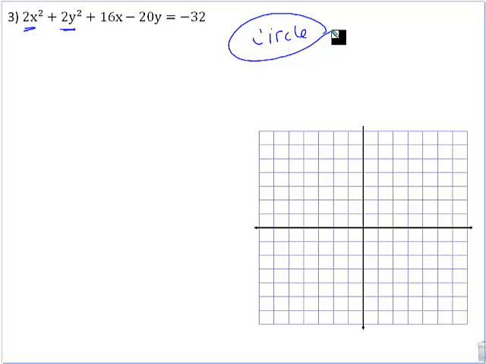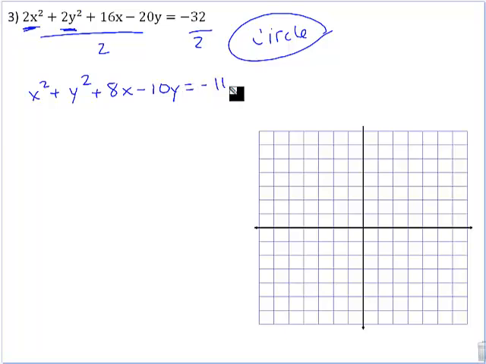All right, since we have 2x squared and 2y squared, we'll divide both sides of the equation by 2 first. So what's our new equation? X squared plus y squared plus 8x minus 10y is equal to negative 16.